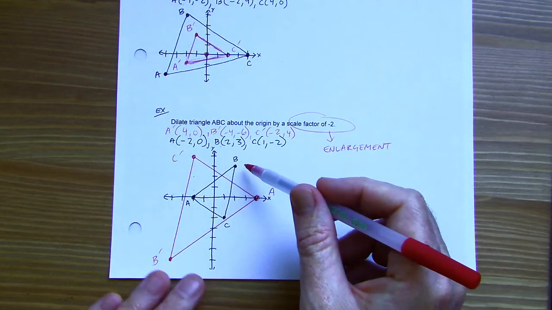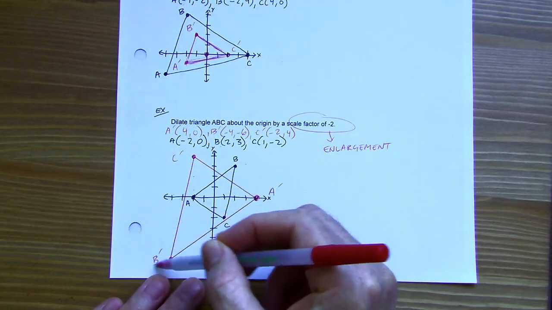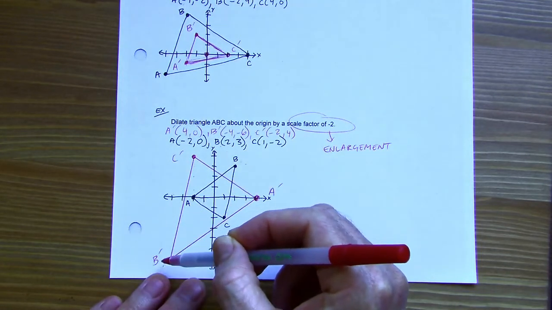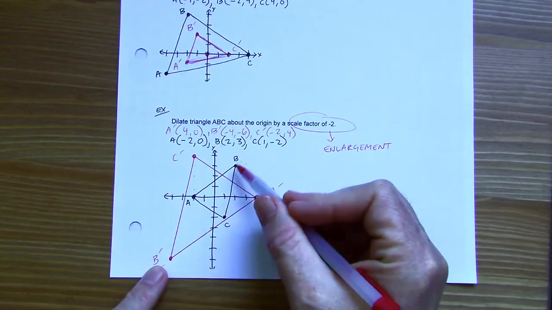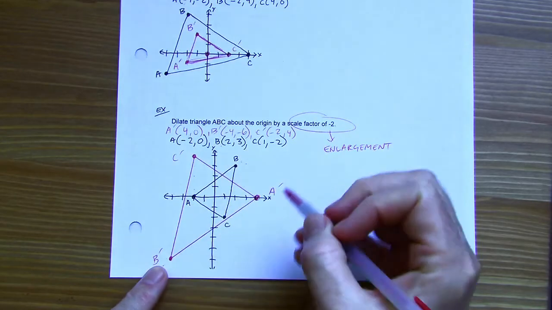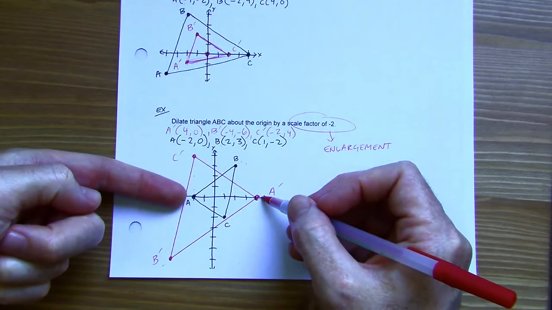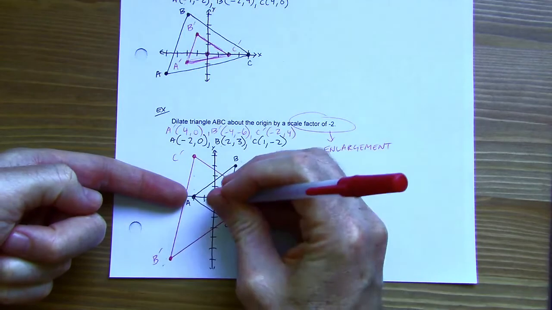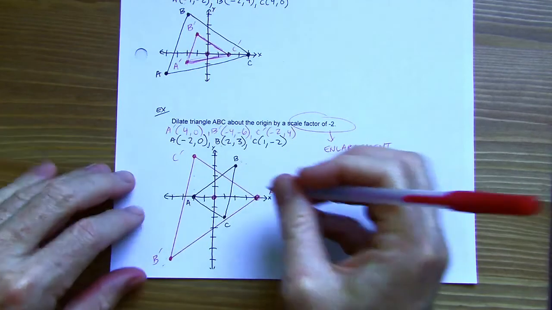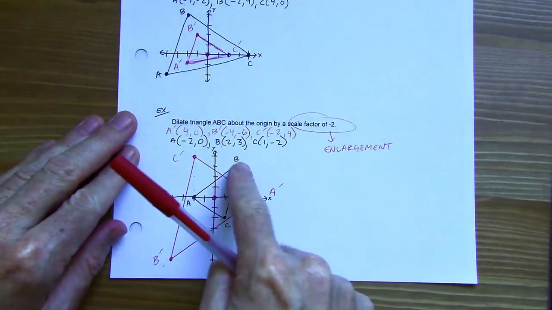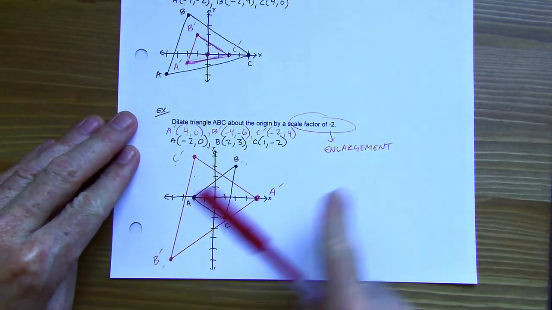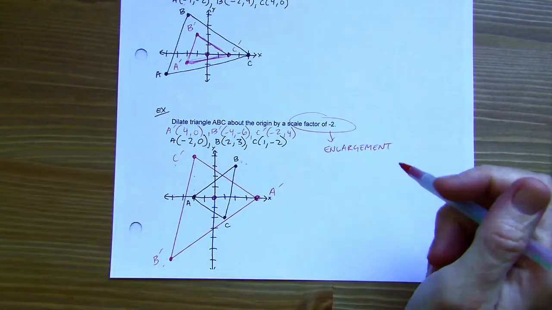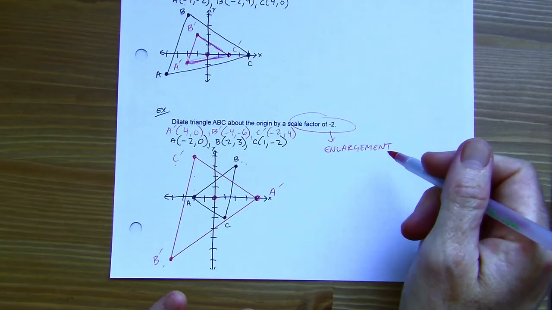So what's actually happened here is this has rotated 180 degrees. It's on the polar opposite, if you think about the origin. It's on the other side. And the same thing happened with A. You can see those are on different sides of my center of rotation. So the original triangle has rotated around 180 degrees, and it's an enlargement, so it's doubled in size.